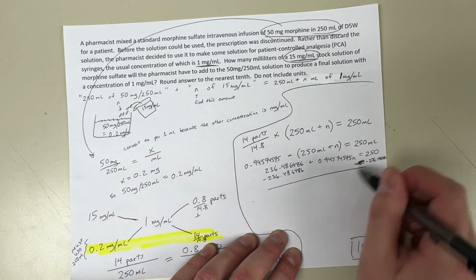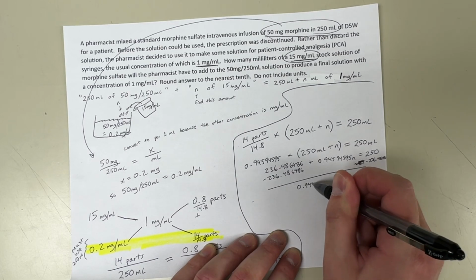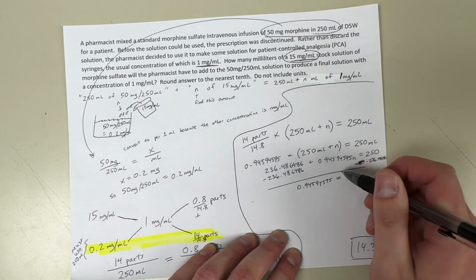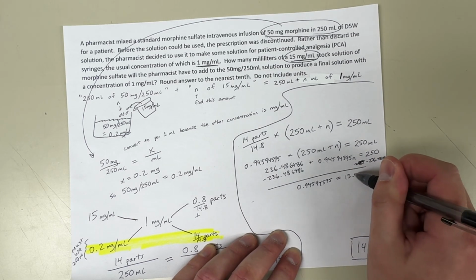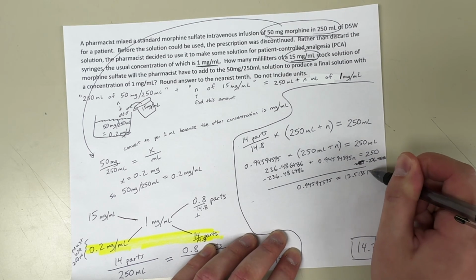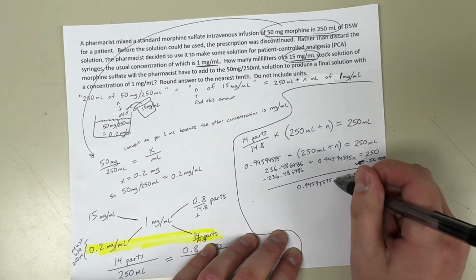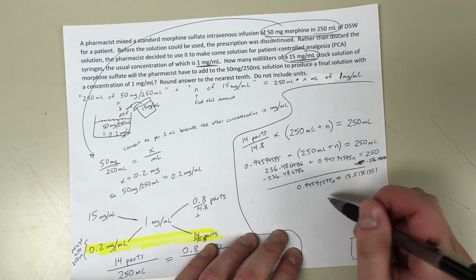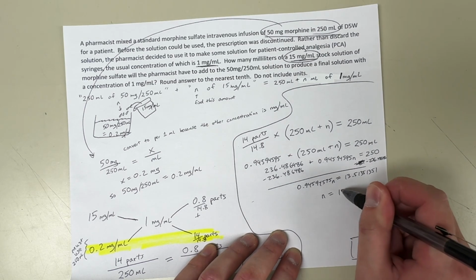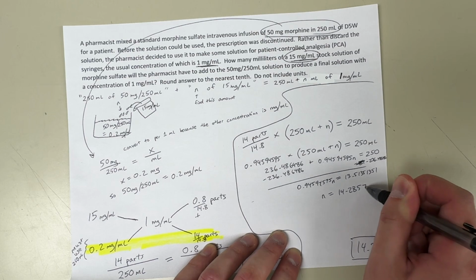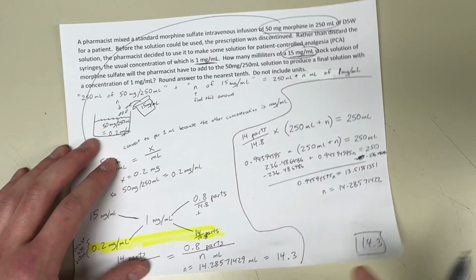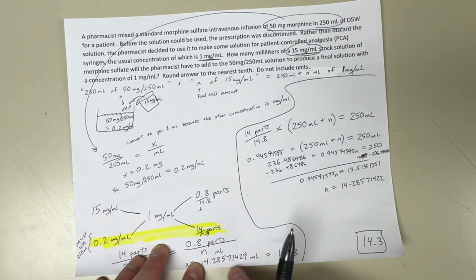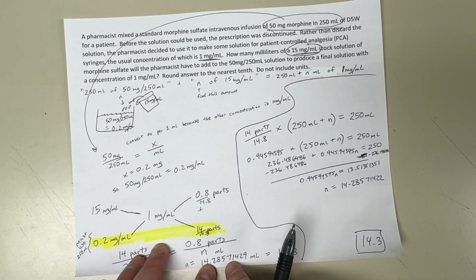So that leaves 0.945945595 times N equal to 13.513513513. Now I'm going to divide both sides by this number, and you should get N equals 14.28571422. It's the exact same number, well, with a slight rounding error, as this one right here. So that's how you know you did the right answer.